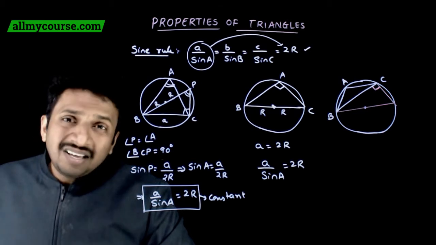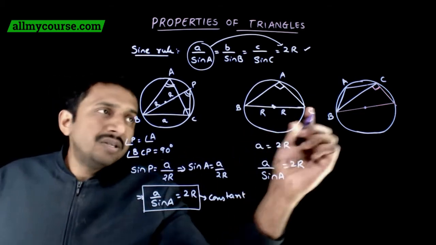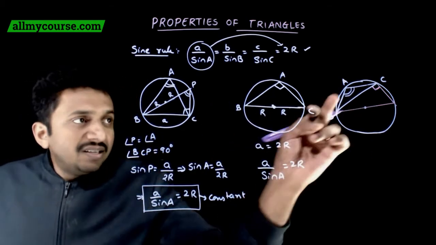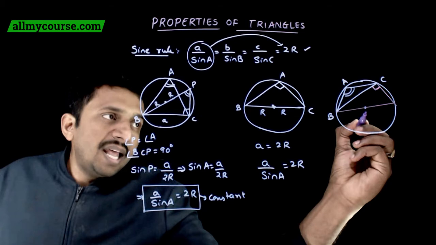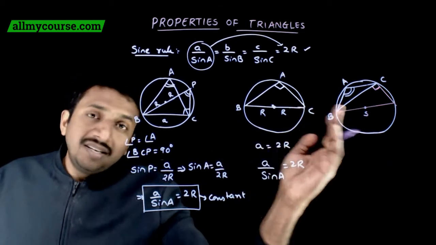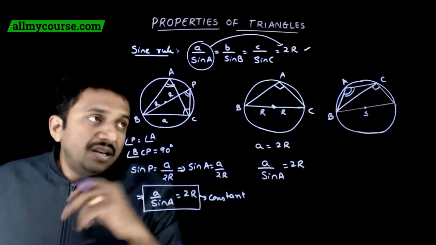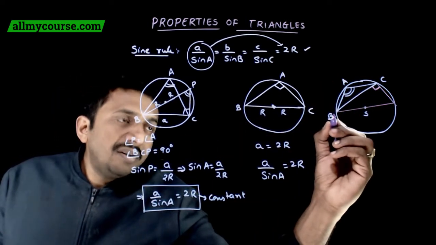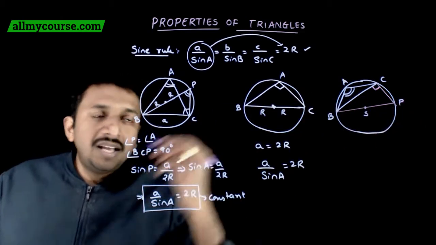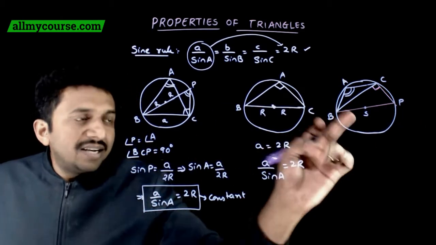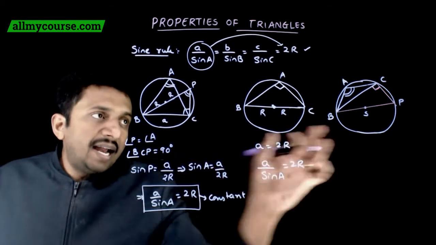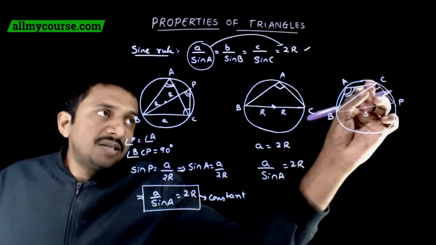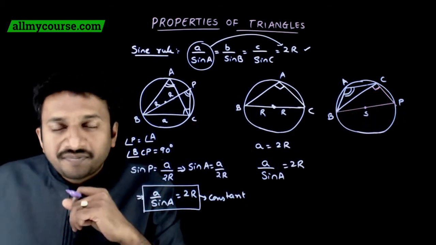So now let us see if the same result holds if A is an obtuse angle. So if A is an obtuse angle, obviously the circumcenter will lie outside the triangle. Now if the circumcenter lies outside the triangle, you can always draw a diameter from B. Let us say it is BP. Let the center be S. And if you join P to C, the angle will be 90 degrees because angle in a semicircle is 90 degrees.